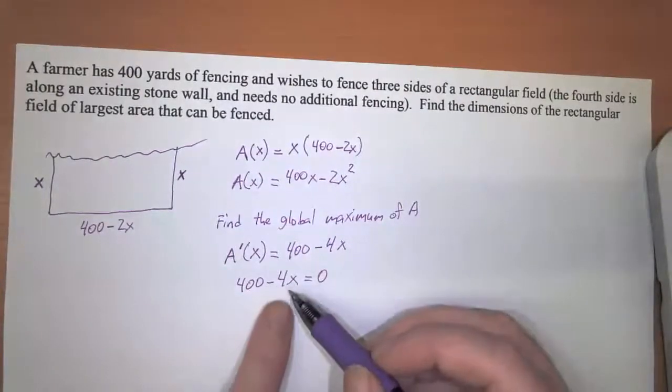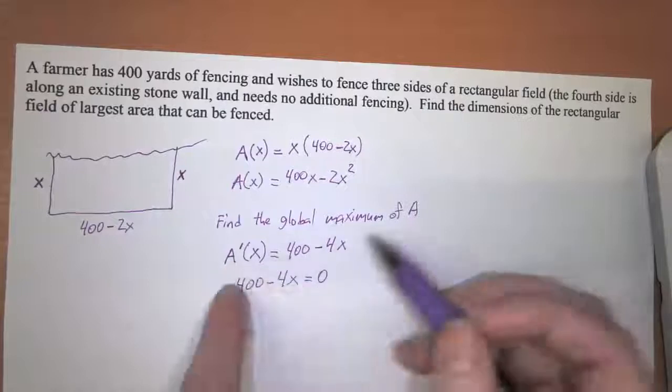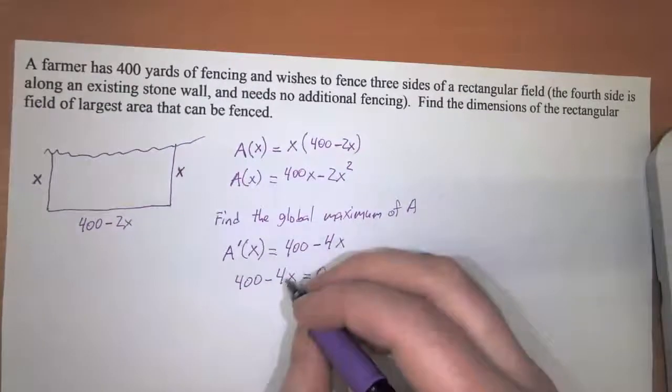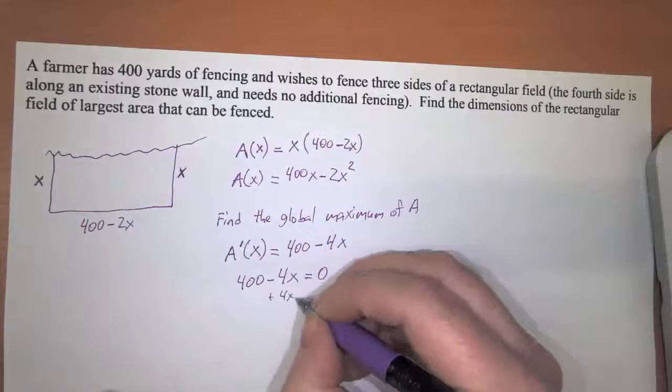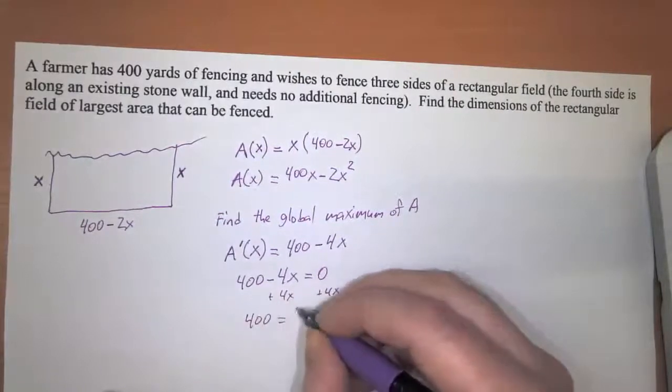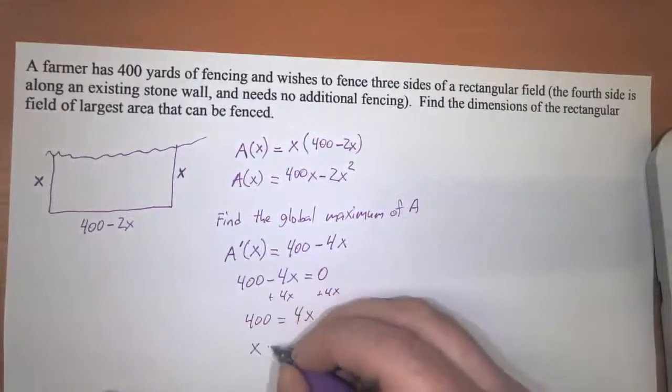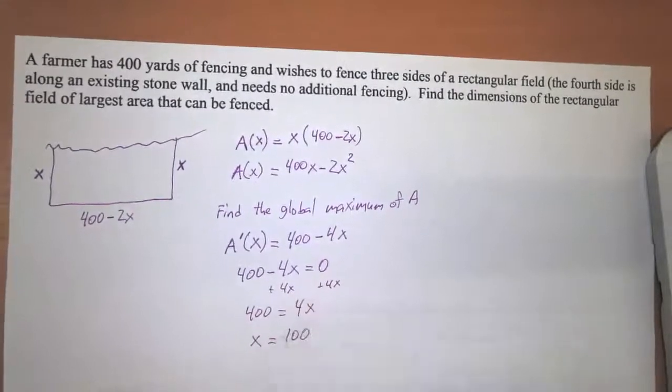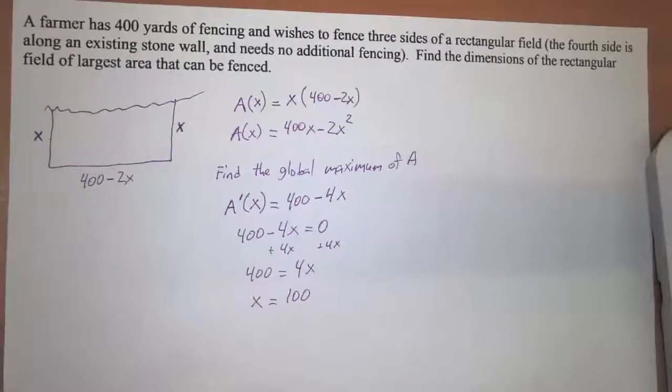So what value of x gives us this critical point? All right, so we're going to add 4x to both sides. So 400 is equal to 4x. Divide both sides by 4, and we get x equals 100.